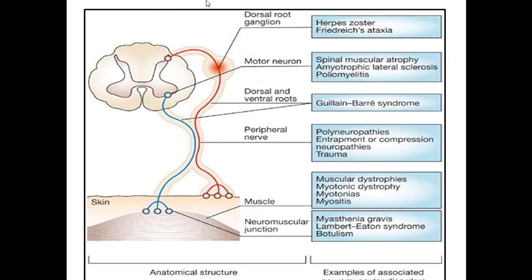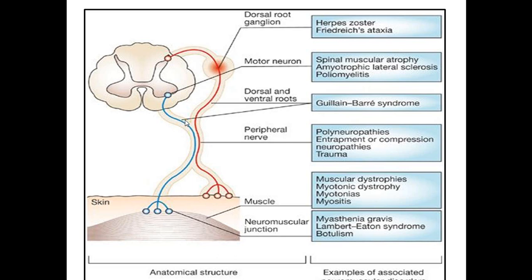So here we have the site. This is the anatomical structure. We have the diseases that originate from the dorsal root ganglia, here the herpes zoster and Friedreich ataxia, or diseases arising from the motor neuron in the ventral horn cell of the gray matter of the spinal cord, involving spinal muscular atrophy, amyotrophic lateral sclerosis, and poliomyelitis.